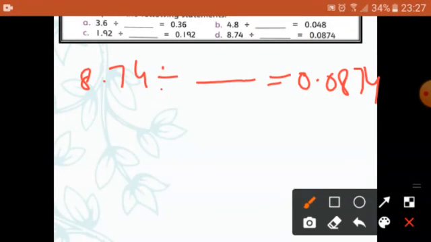So how many places is it moved? As we can observe that it was after 8, then one time it came here, then second time it came here, so definitely it moved. There were two steps taken, so that means it is divided by 100 to get 0.0874.